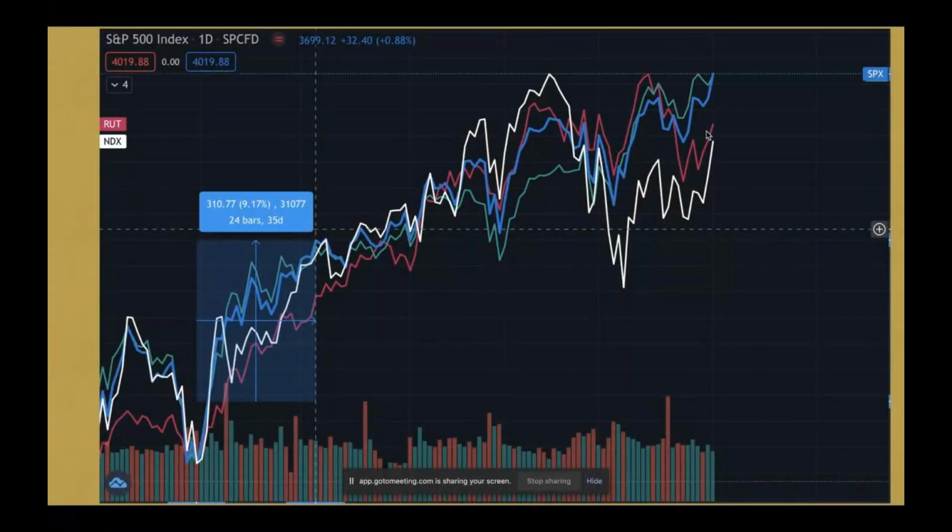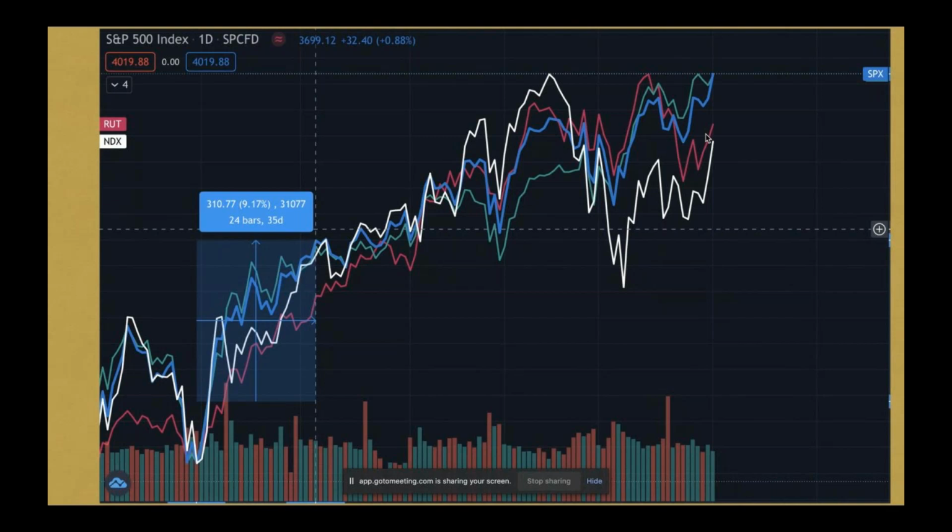We're looking at the Russell, but we have zero reasons to trust the Russell, right? The reason we don't have any reason to trust the Russell is because it has been dying, right? And until the Russell clears certain levels and its demons, it's only going to be seen as a downside indicator, right?